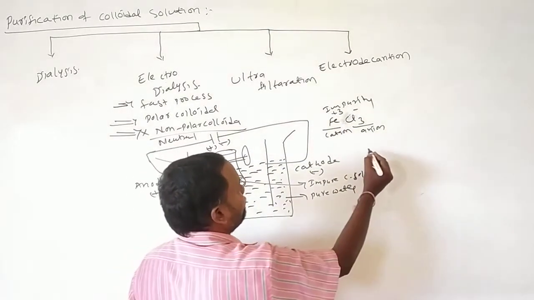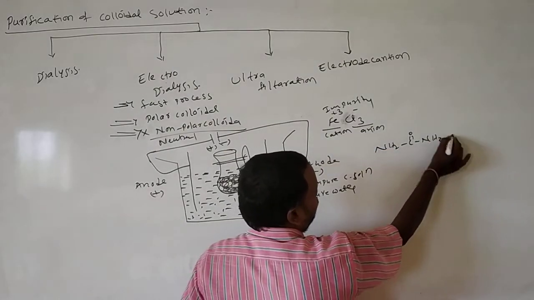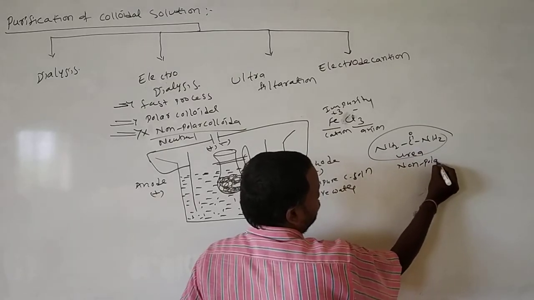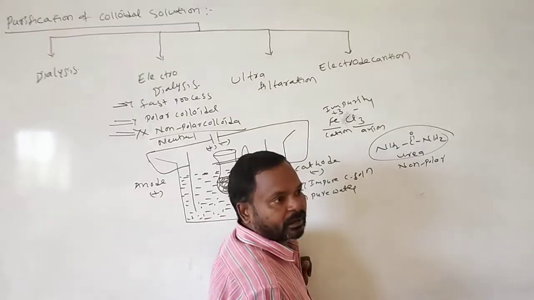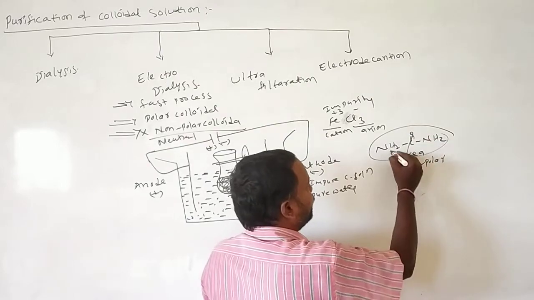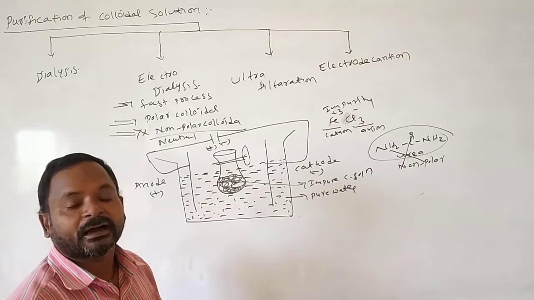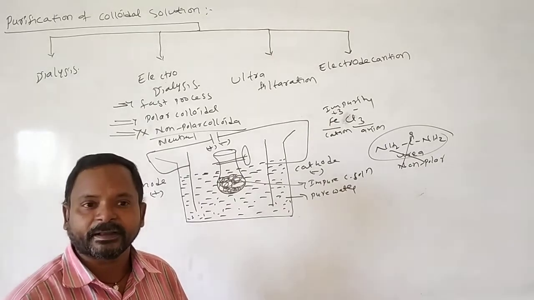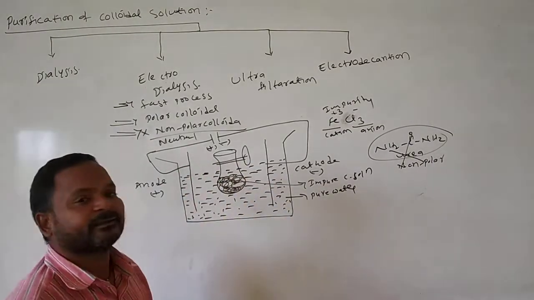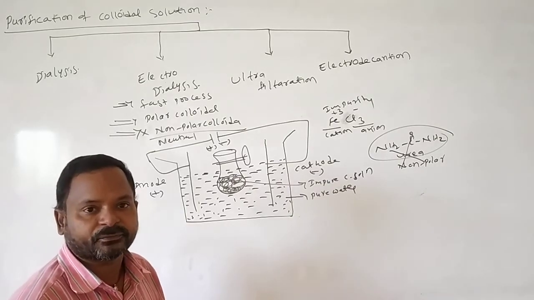For example, urea, NH2-C=O-NH2. Urea is a non-polar molecule, which means it is not affected by the electric current. So this method is not suitable for the purification of non-polar impurities. If any colloidal solution contains non-polar impurities, we can't use this method.